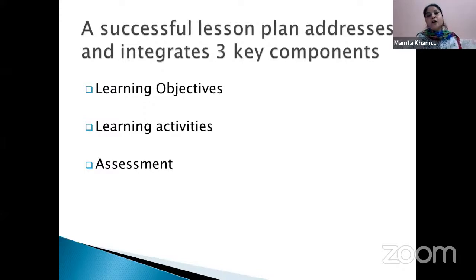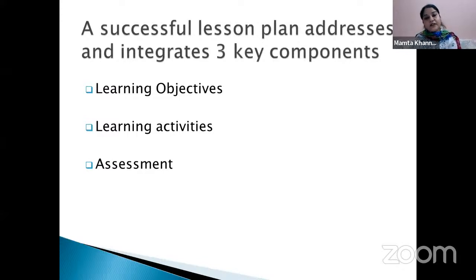Now, what is a learning objective? A learning objective is why you are teaching your lesson. When you are doing any lesson or any activity, there must be an objective, right? So in a lesson plan, you must have a very well defined learning objective.